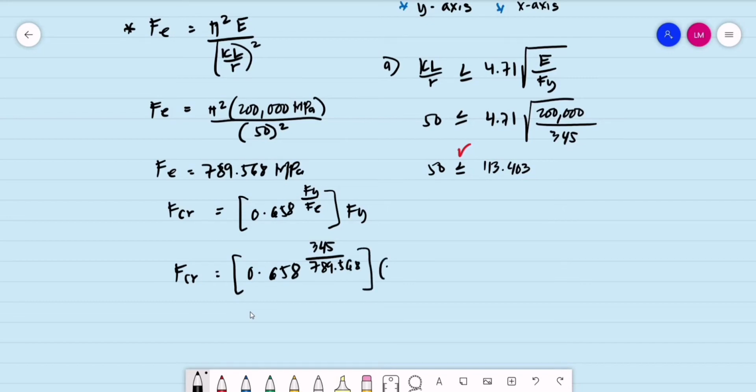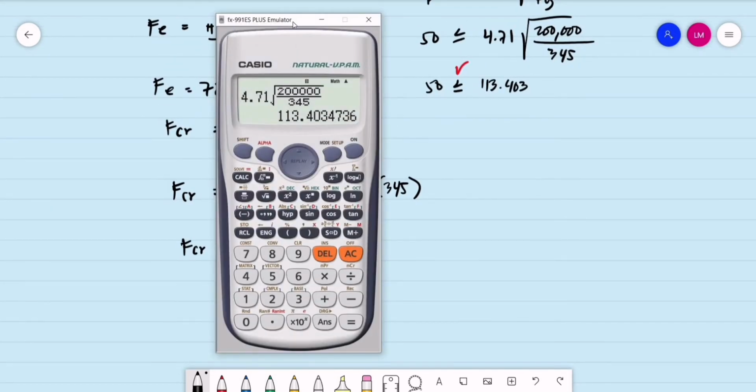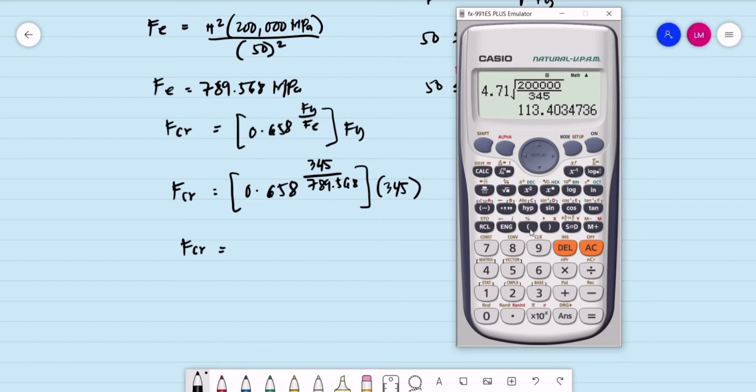And then multiplied by 345 megapascals. So our f sub CR is now equal to 0.658 raised to 345 divided by the computed f sub E, that is 789.568, then to be multiplied by 345 megapascals.